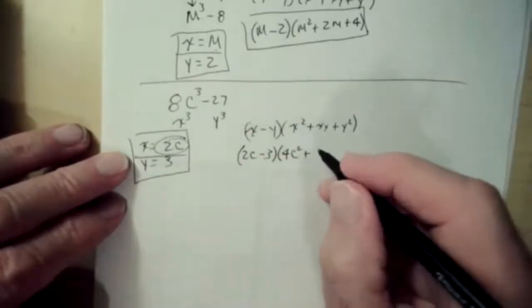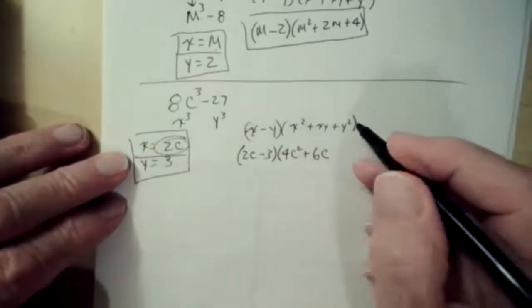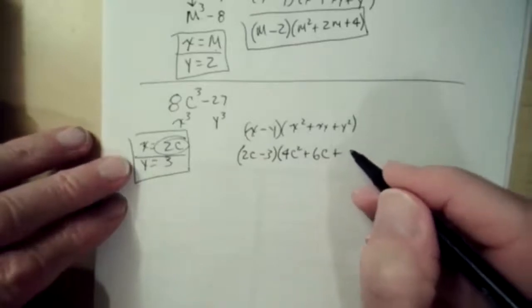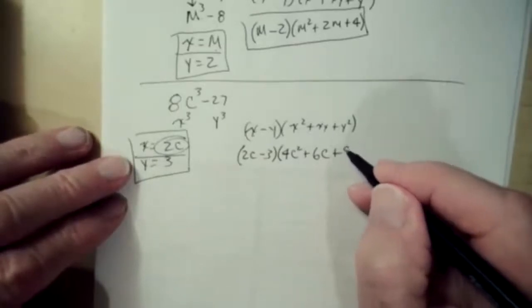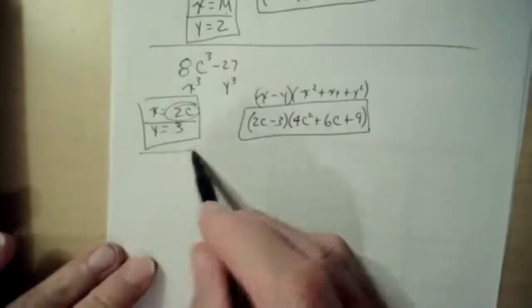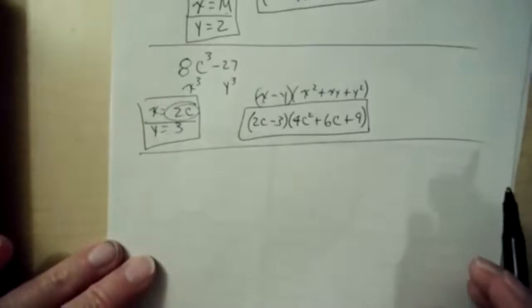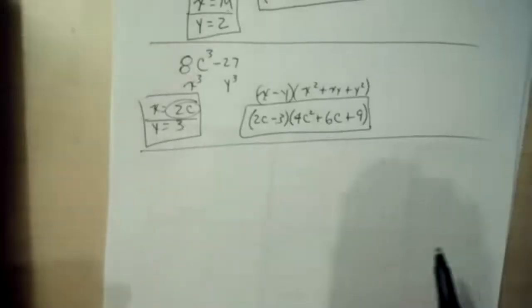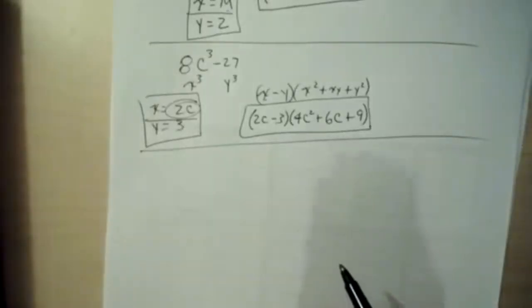Plus what? 6c. Remember, this is x times y. 2c times 3 is 6c. And y squared is? Plus 9. Excellent. This is where you have to really pay attention when there are numbers and letters in there.